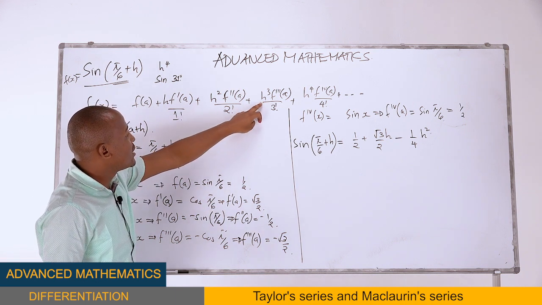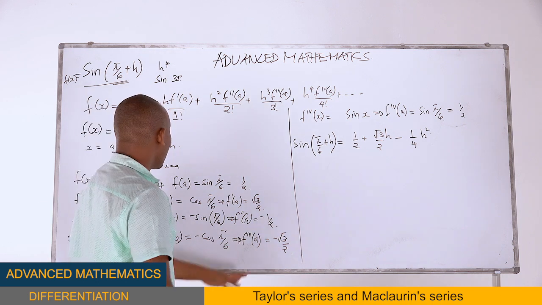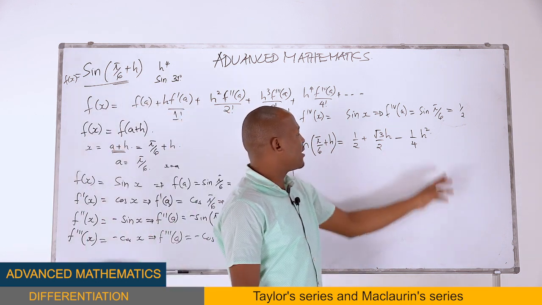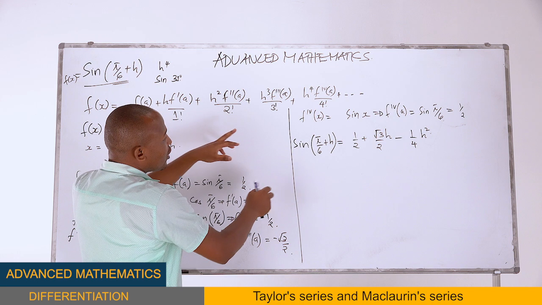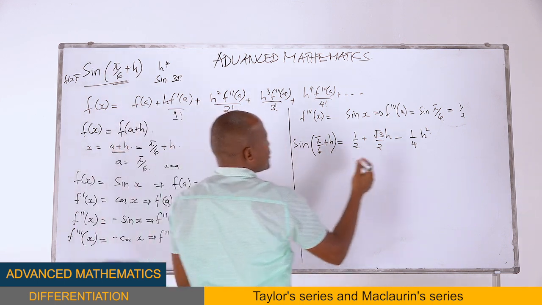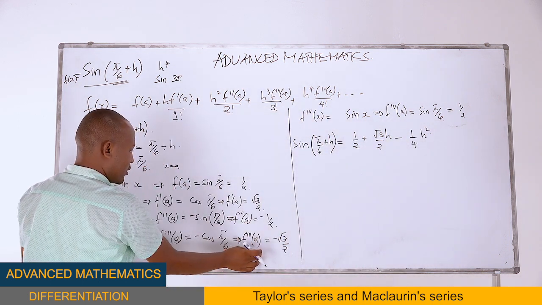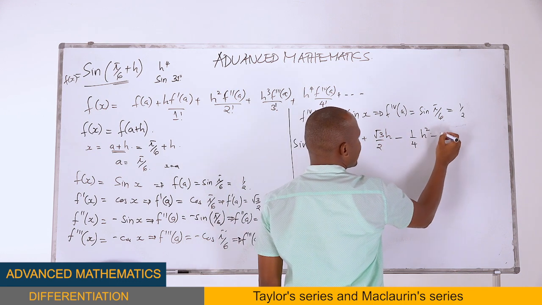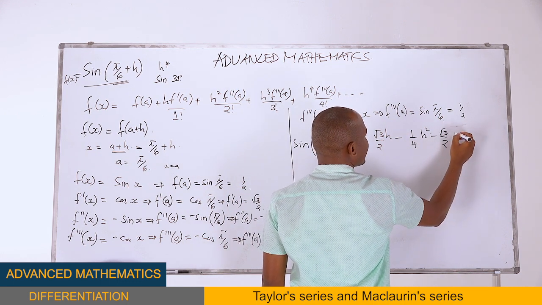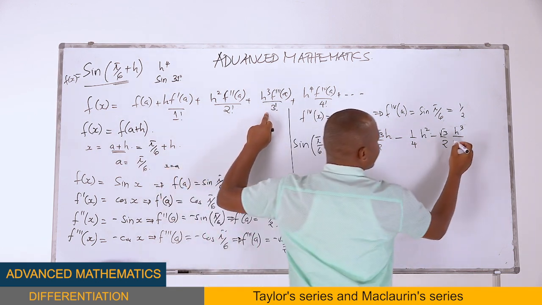Now what about the third one? It is f triple dash of a, which is negative root 3 over 2, times h raised to 3, over 3 factorial.